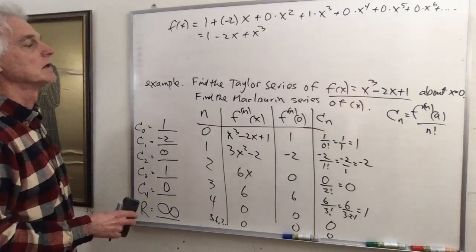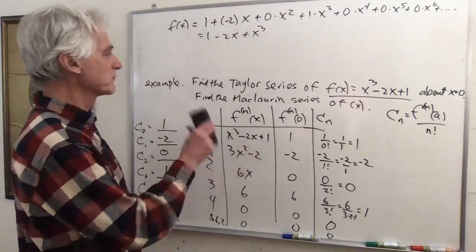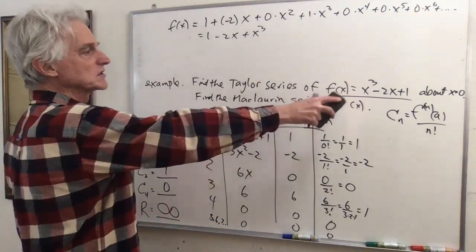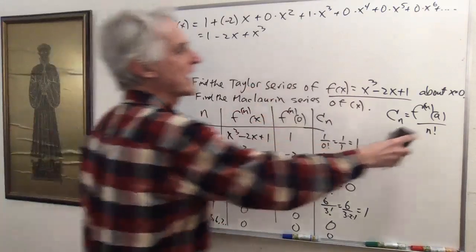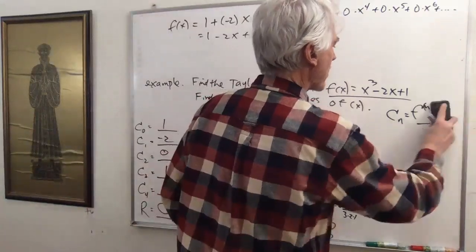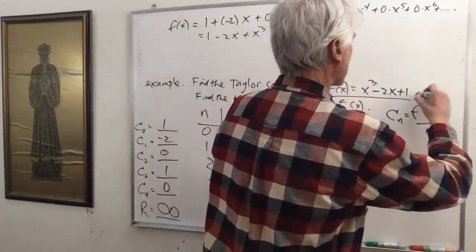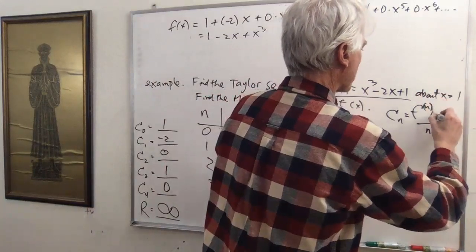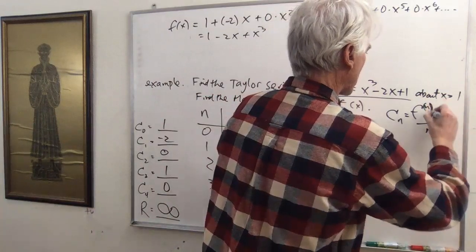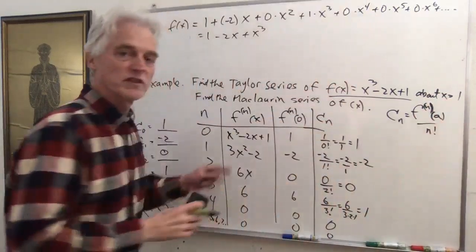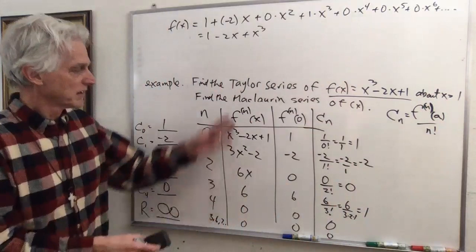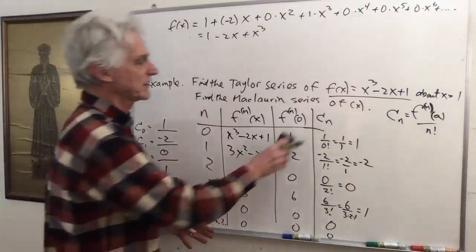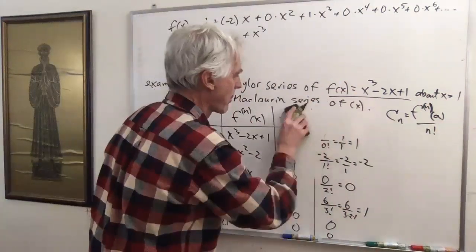Okay. So let's do the same problem, the same function, but let's find a Taylor series about x equals 1. Okay, so with the table we've got so far, this doesn't change, but this all does.